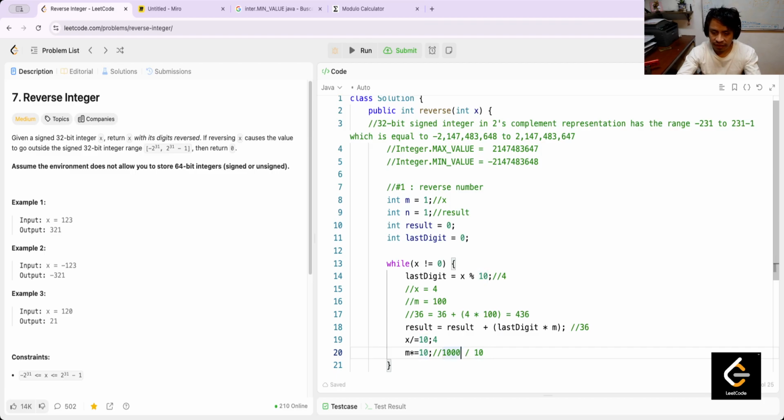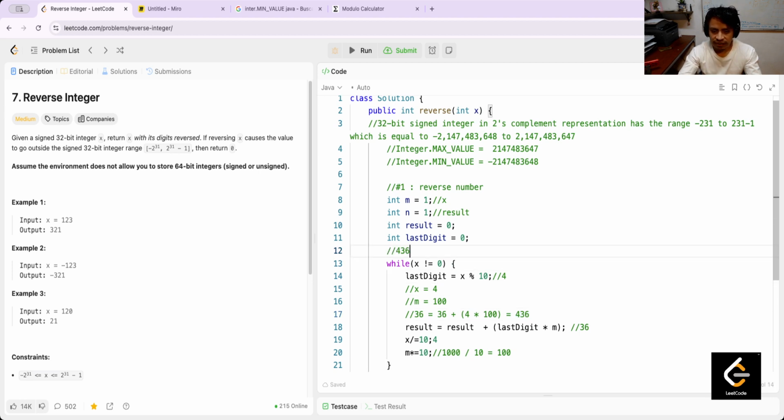If I divide this by this, I get this, which means the original number is this.